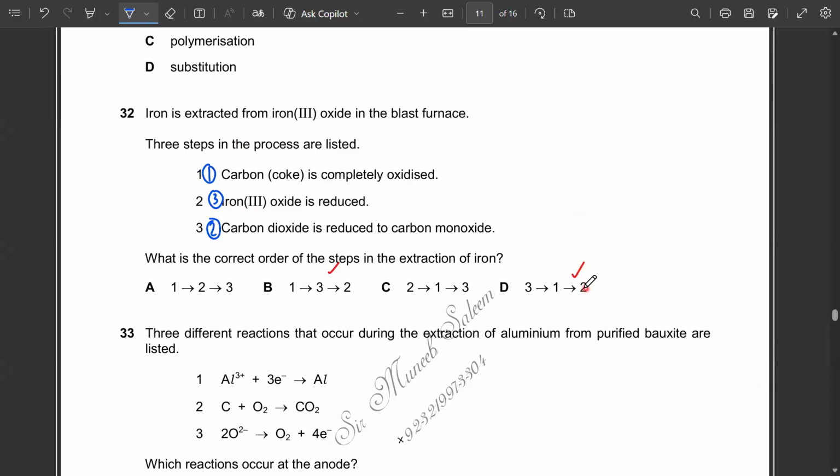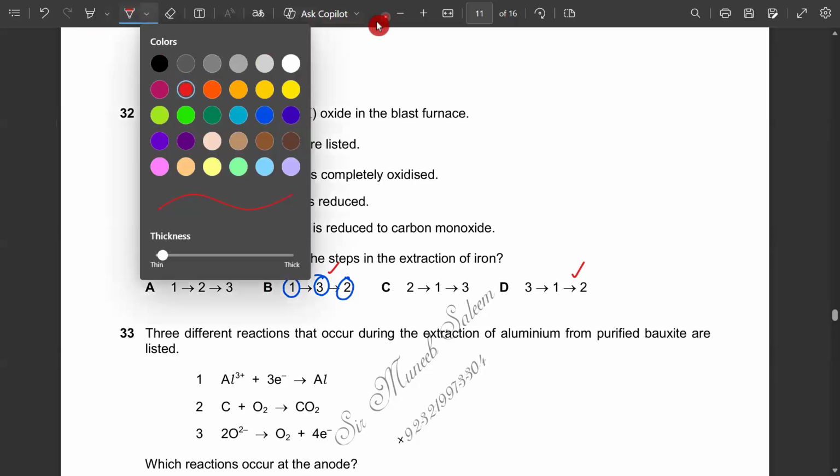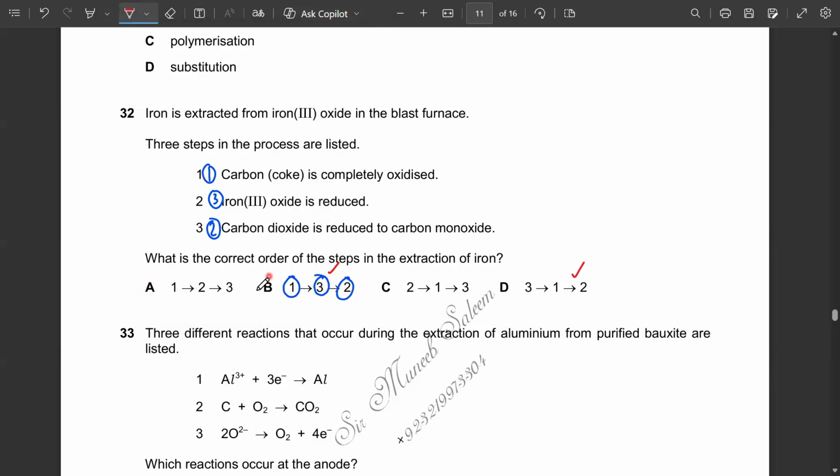So 2, 1, and 3. 2 is the last step here, 1 is the first step, and the third step is the middle step. So this is the correct sequence here. So the answer to 32 is the B option.